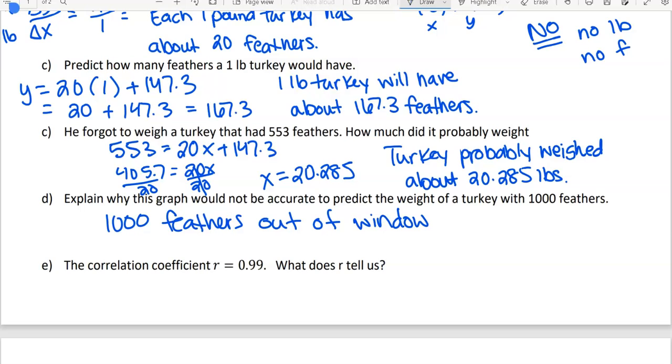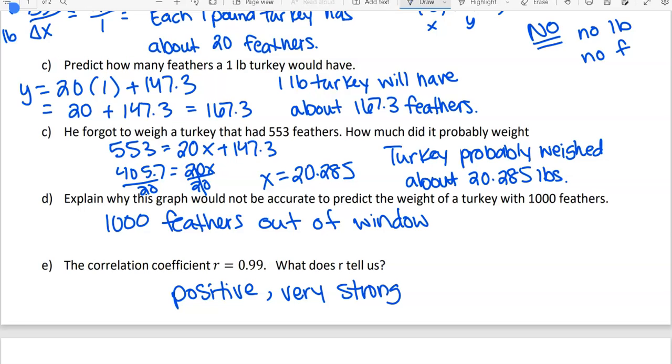The correlation coefficient R equals 0.99. What does R tell us? 0.99 is a positive number, so it's a positive correlation, and it's very strong.